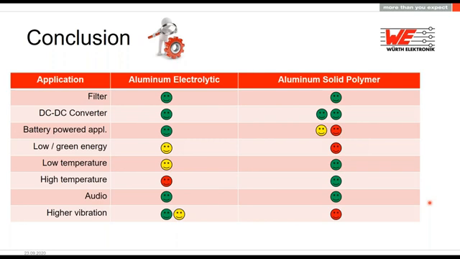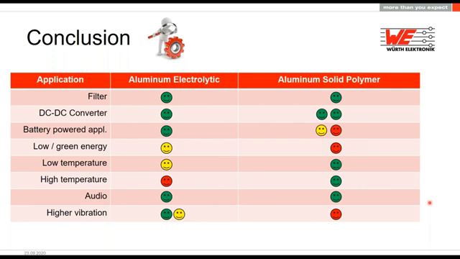Also regarding low temperature, there is a really big advantage for the polymer, because it's solid. It cannot freeze. So when you have operations in really worst case conditions in the Rocky Mountains or somewhere else, with really low temperature, then the aluminum electrolytic can freeze and change the complete electrical behavior or specification. So here polymer is a really good alternative.